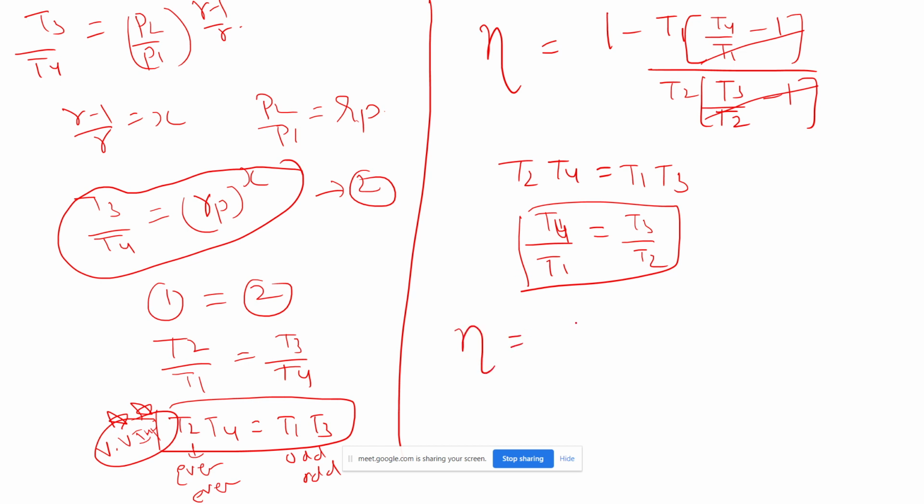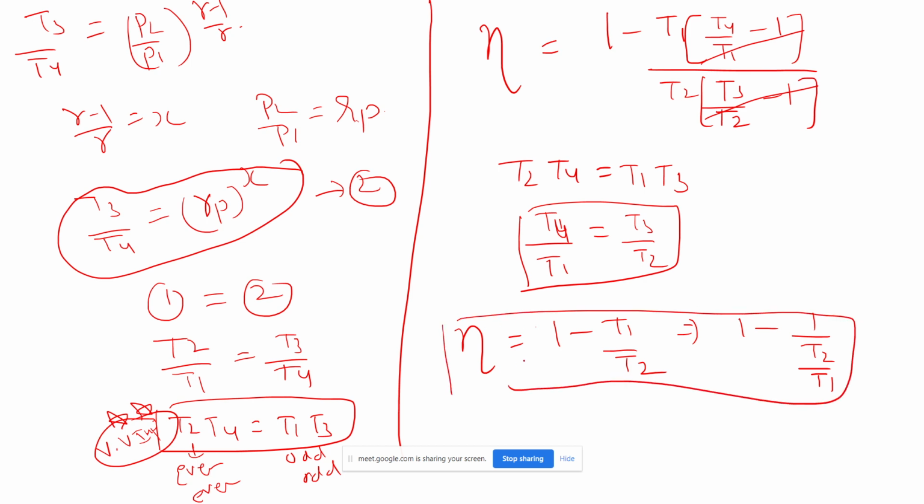Thus the efficiency will become 1 minus T1 upon T2, and this we can further write as 1 minus 1 upon T2 upon T1. And what is T2 upon T1? RP power gamma minus 1 upon gamma. So the efficiency is 1 minus 1 upon RP to the power gamma minus 1 upon gamma.